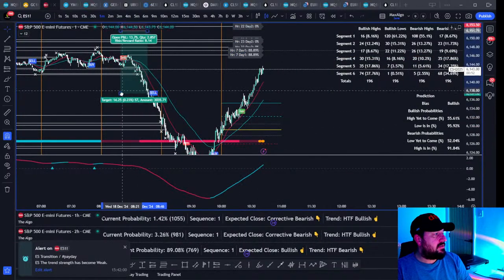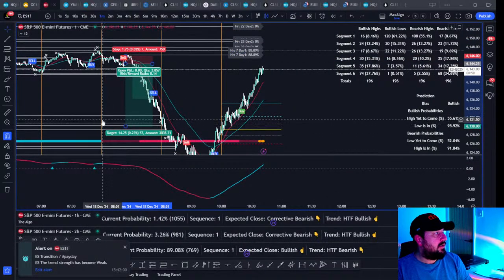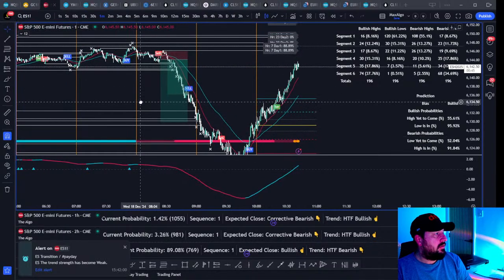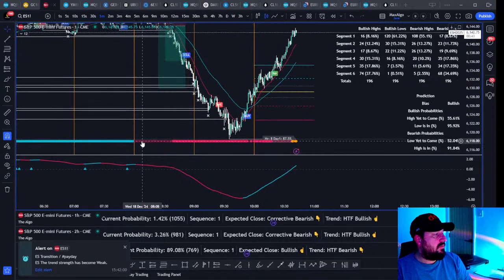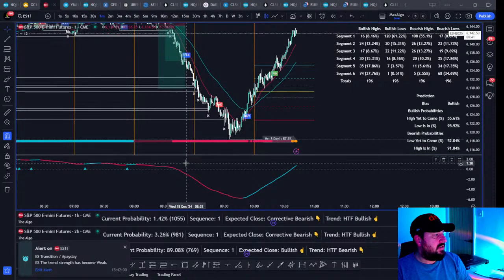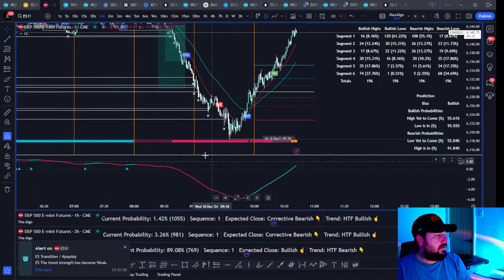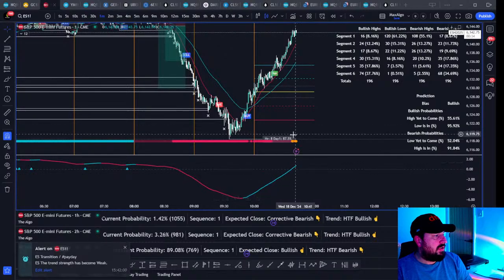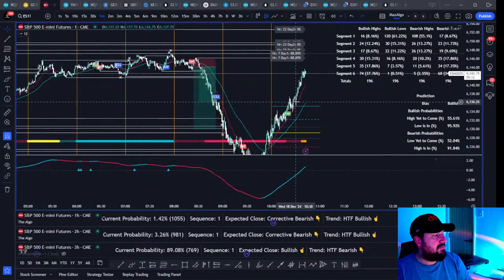So ES, right? Gone bearish. ES has gone bearish, transitioned under, had that nice move down, grabbed all that liquidity, flipped back up, gone bullish, and we're starting to transition back.